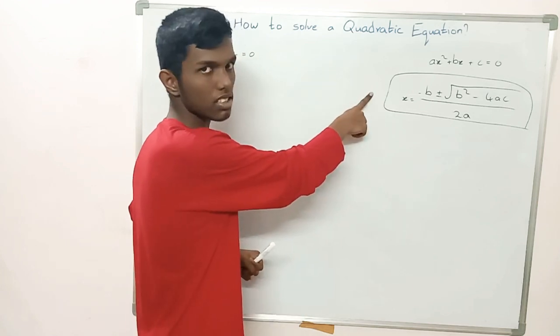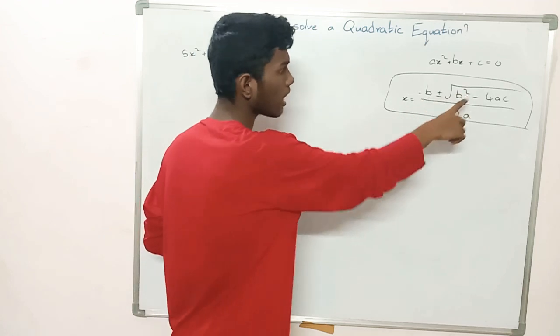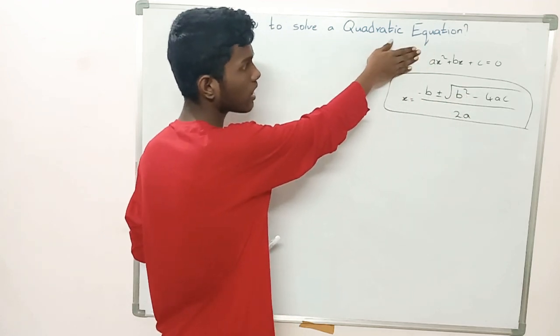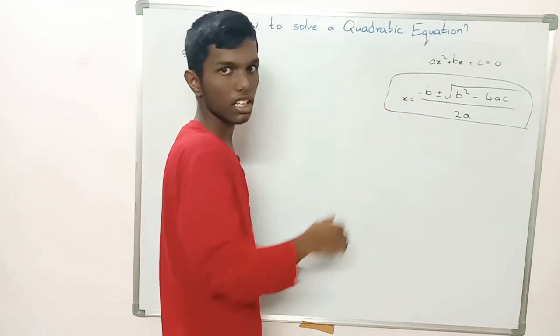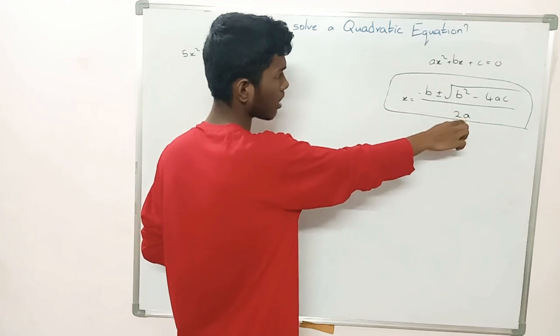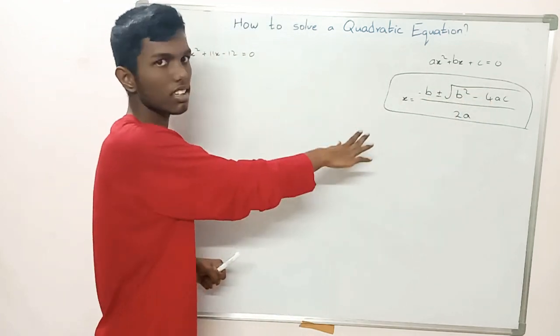You should remember this. And coming to our problem, the given equation will be ax square plus bx plus c, and this b and this a and this c must be substituted in this order only.